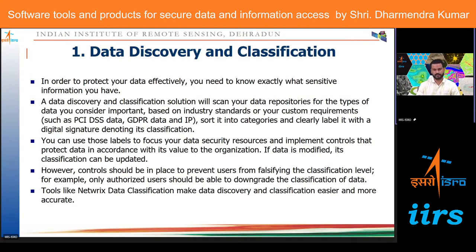First is data discovery and classification. In order to protect your data effectively, you need to know exactly what sensitive information you have. The data discovery and classification solutions will scan your data repositories for the type of data you consider important, based on industry standards or custom requirements. Like your ATM card, the PIN is an important part, the ATM number is an important part, and the third important part is the date of expiry.